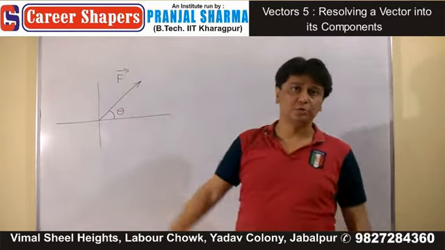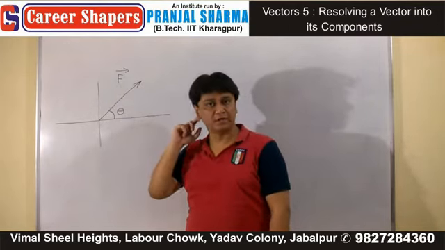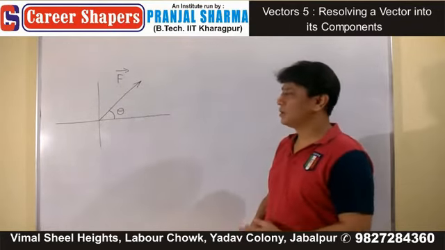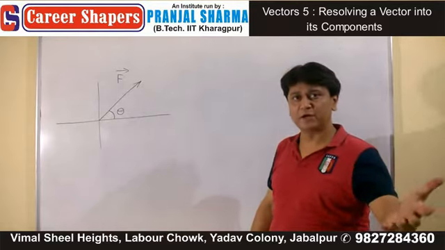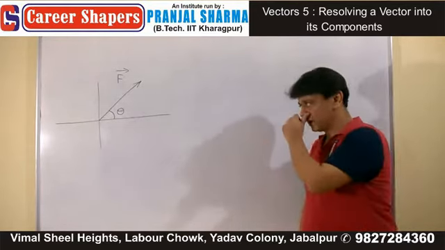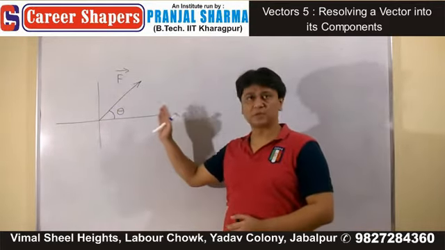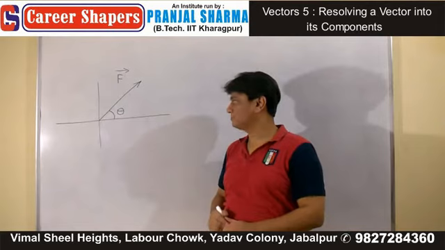Our aim is to represent F into its components. Now, what are components? Why do we resolve a vector into its components? We will understand these things in today's lecture, but first focus on this analysis.